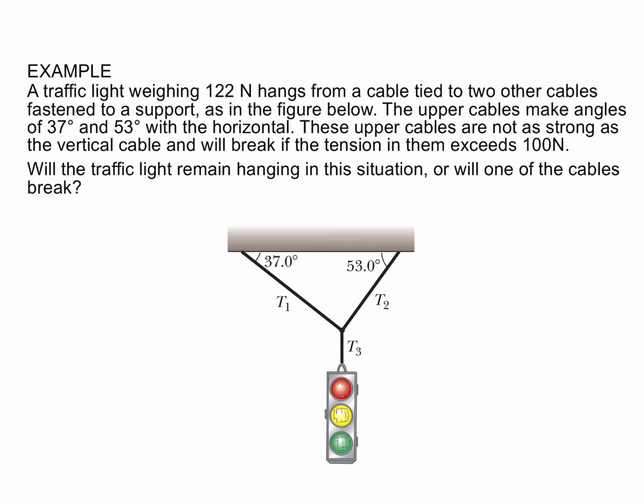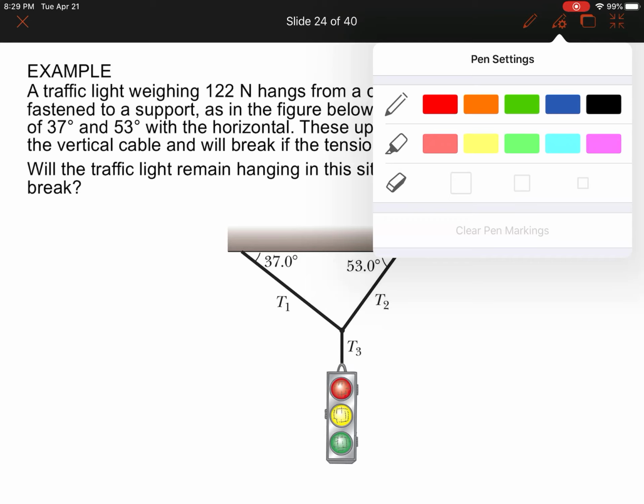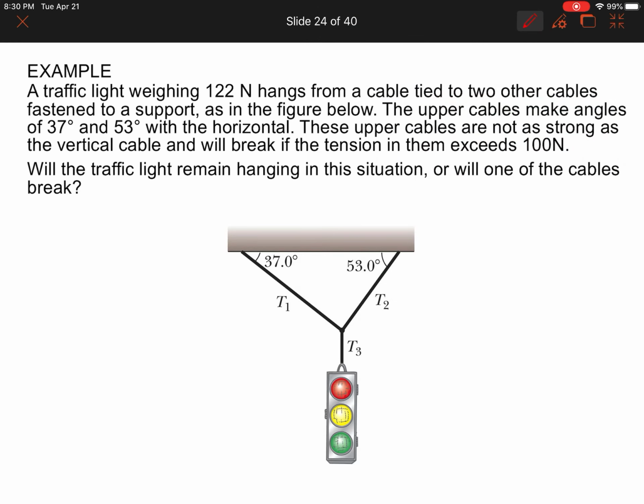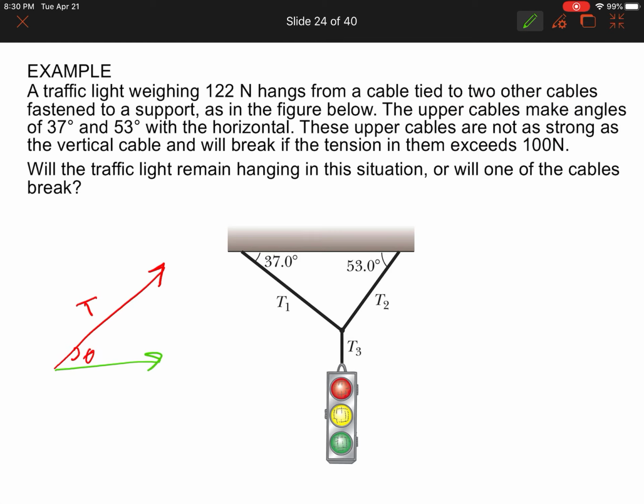Alright, looking into this problem, it's definitely a 2D problem, and we went over some of the concepts of these 2D problems. Let me just explain in the beginning. If you have a tension that is pulled at an angle in some direction, it's possible to find Tx and also Ty.